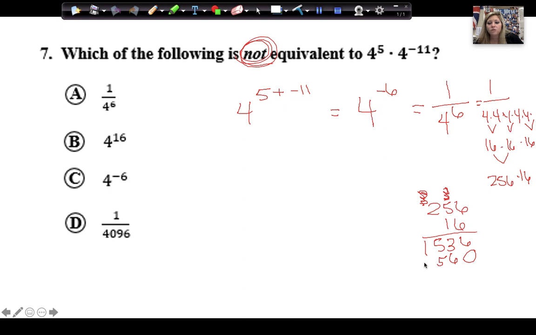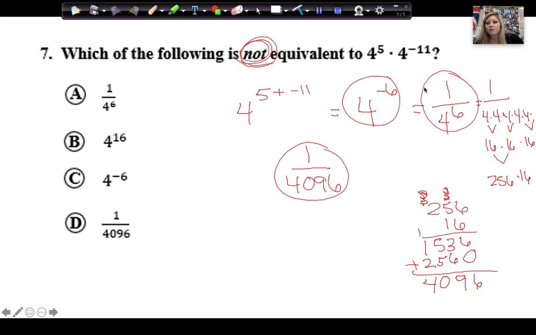And 1 times 2 is 2. And then we add those together. We have 6, 9, 10, and 4. So that is 1 over 4,096.